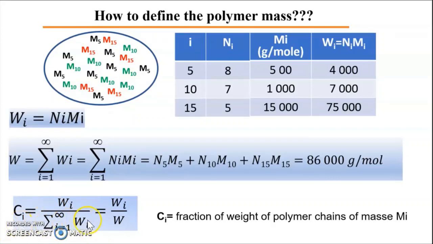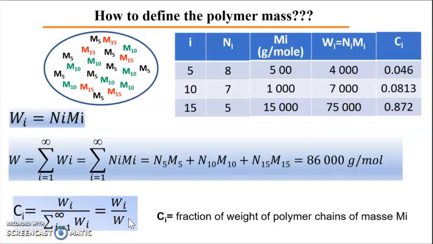So Ci equals Wi over W. Here in our sample, we can calculate Ci and find its value for each group of chains. And as I said for the xi as its fraction, the sum of all these Ci or all these fractions should equal 1.